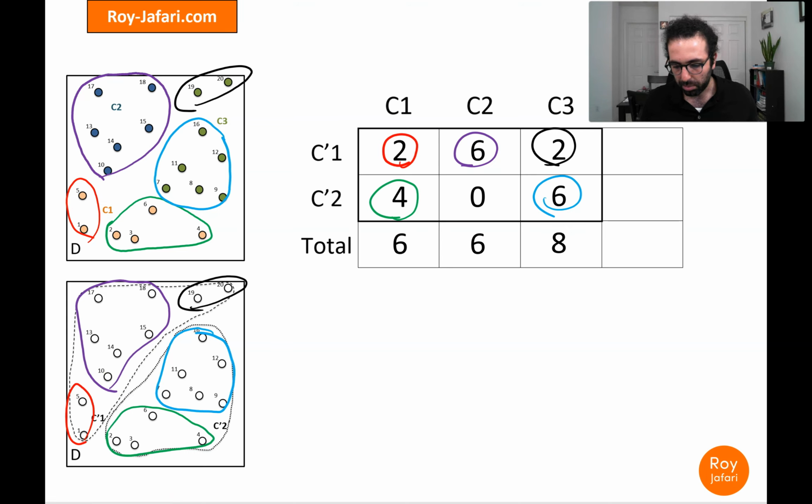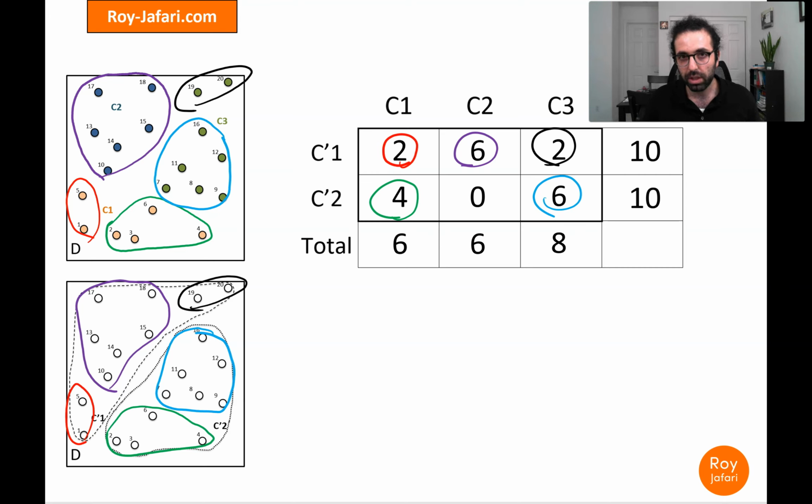Let's complete the table. So we've got 8 here, we've got 10 and 10, which gives us the total number of data objects under each of these clusterings. So now that we have this, we understand what we mean by set cardinality. Basically, how many data objects in a cluster have the majority of their data objects in the other cluster.